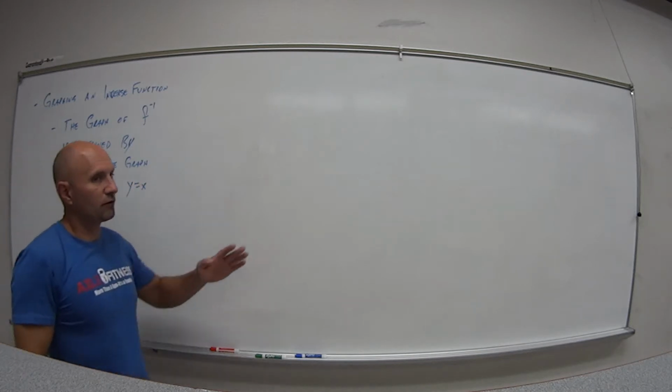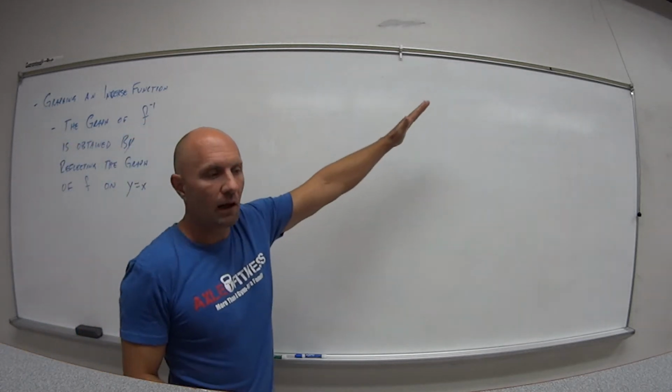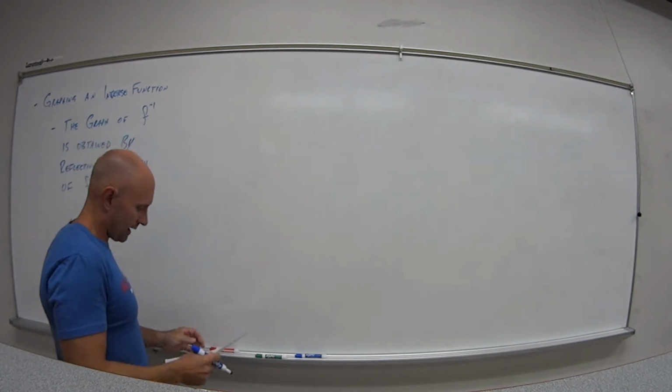And y equals x is what? That's the 45-degree line that cuts through the graph.